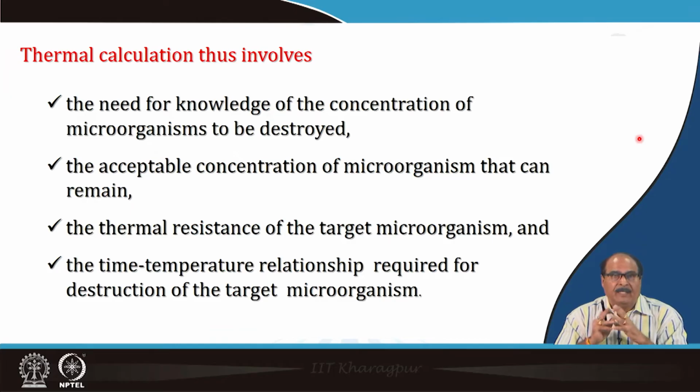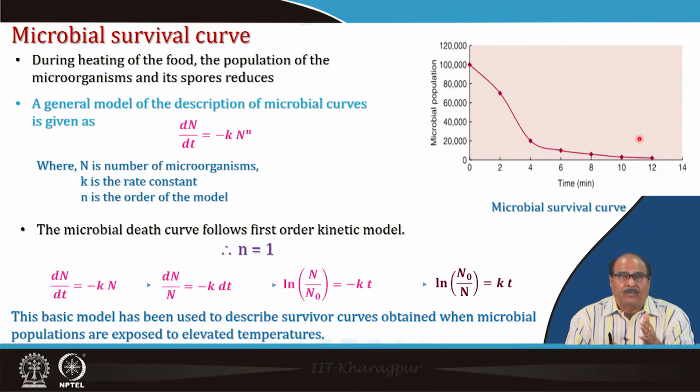So, thermal death calculation involves the need of knowledge of the concentration of the microorganism to be destroyed, the acceptable concentration of microorganism that can remain, the thermal resistance of the target microorganisms, and the time temperature relationship required for destruction of the target microorganism.